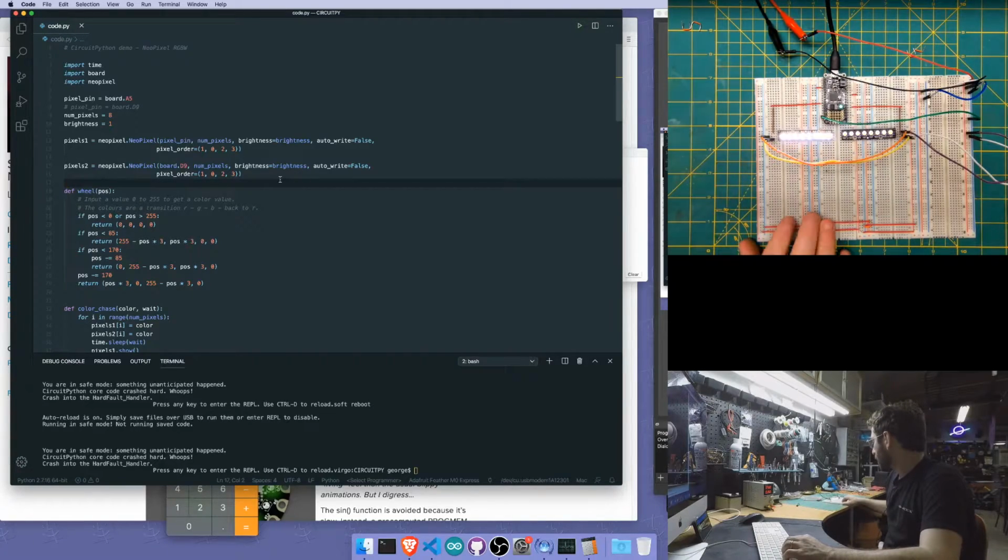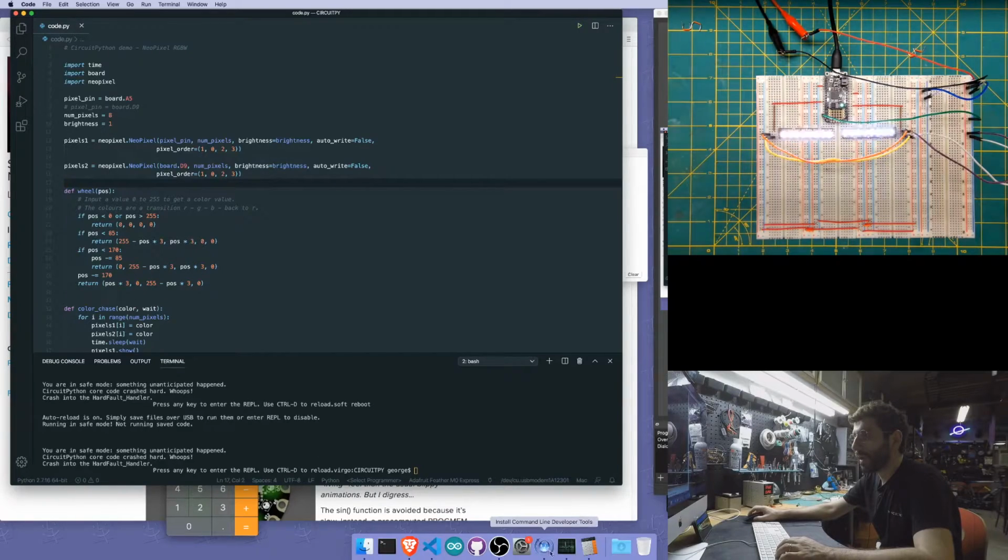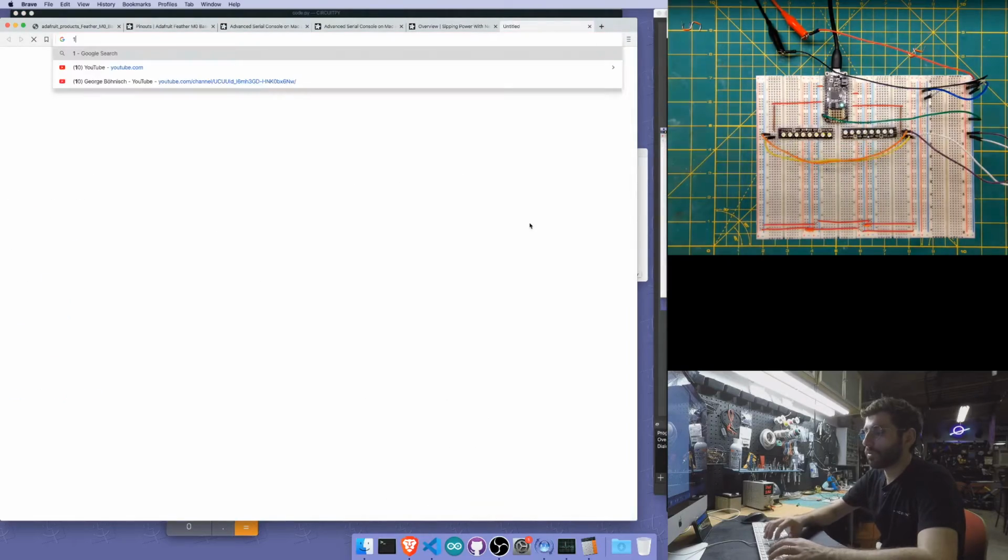I mean, this would be ideal, right? But the number of LEDs you'd have to use at this brightness, even at half this count. So what is a full strand? Let me see. 144.